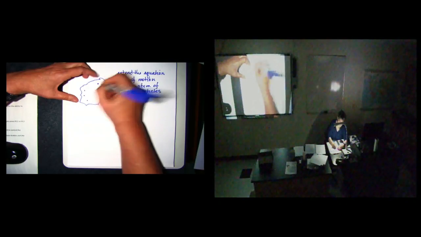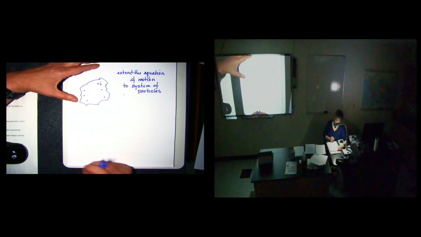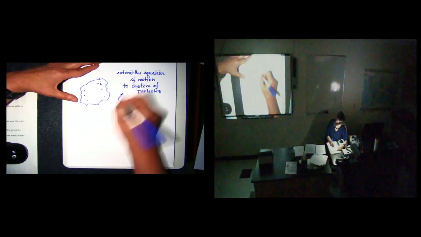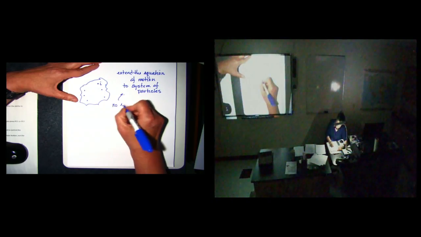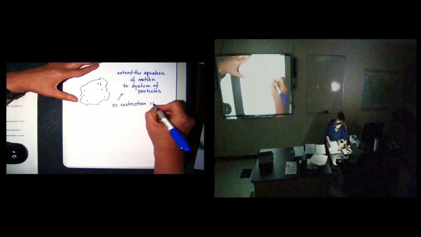So this system can be a solid, it can be a liquid, or it can be a gas. Okay, we're going to play with it being a solid. This is where fluid dynamics comes in.